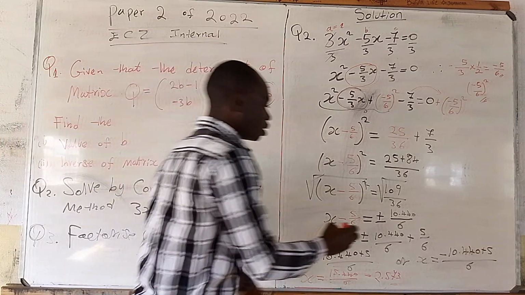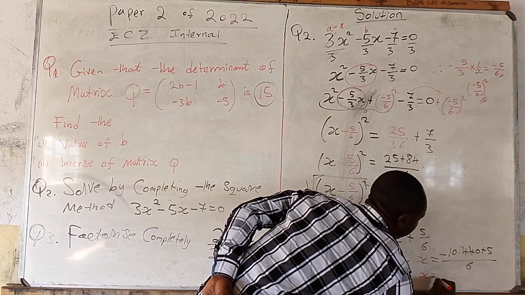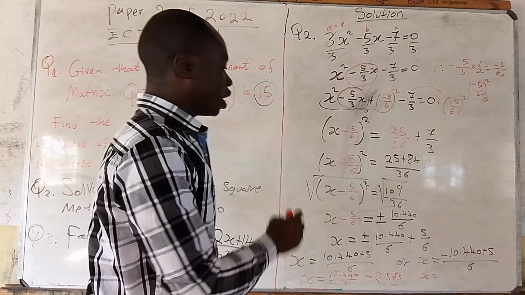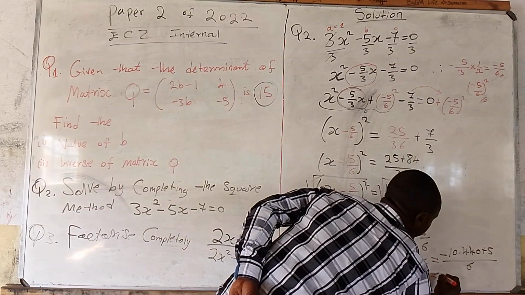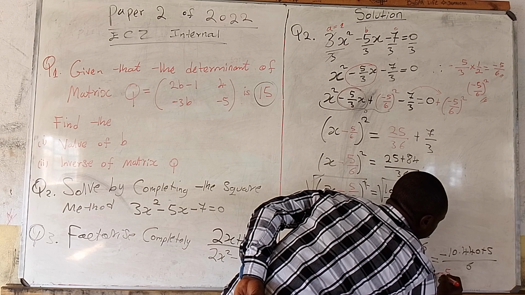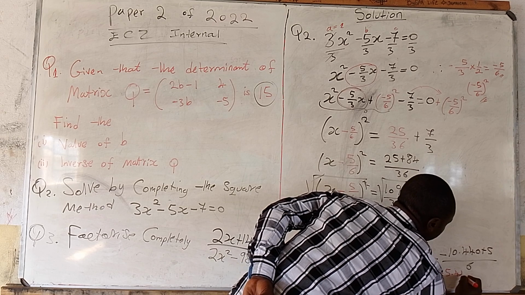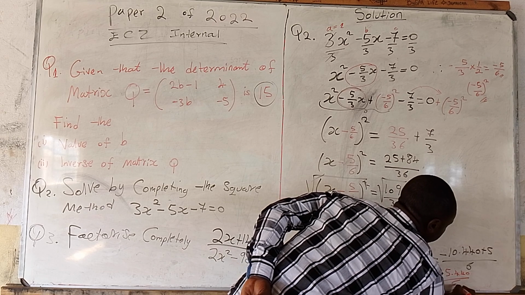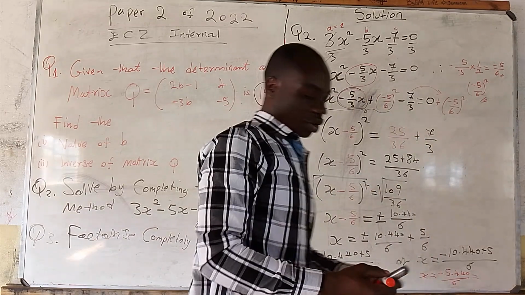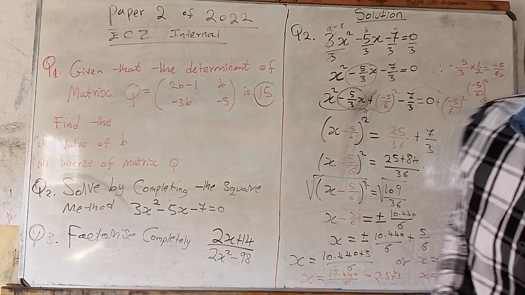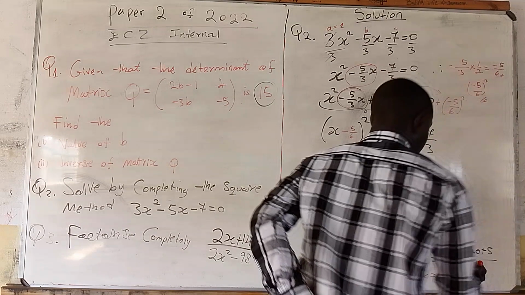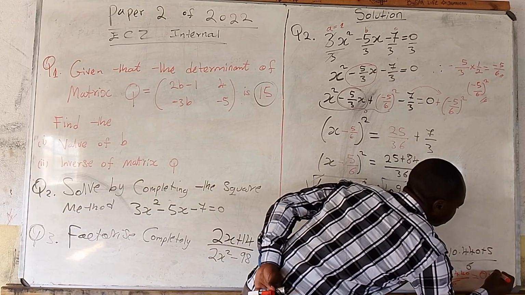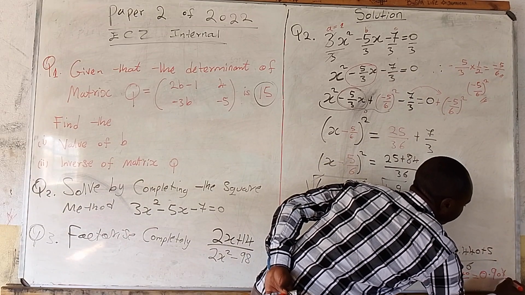And on this side, negative 10.440 plus 5 will give you negative 5.440 divided by 6, which, when you use your calculator, gives 0.907.